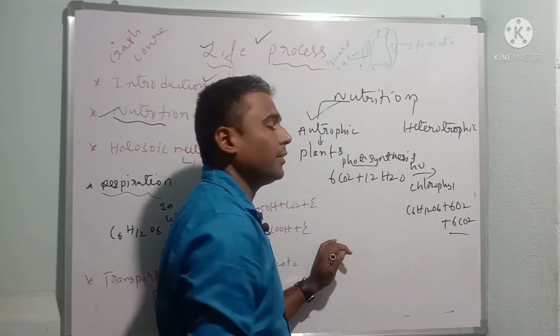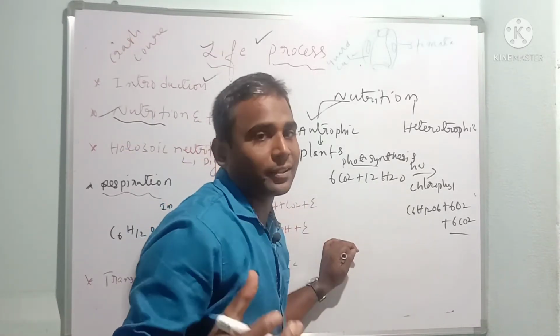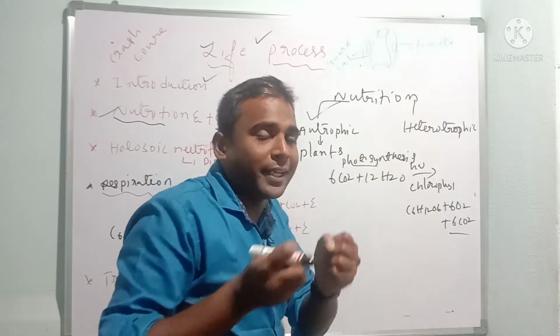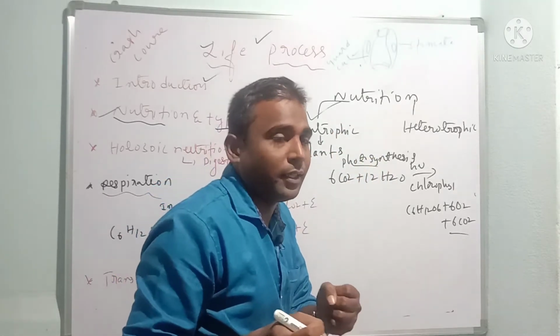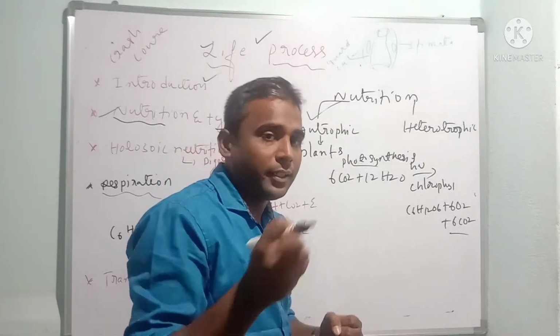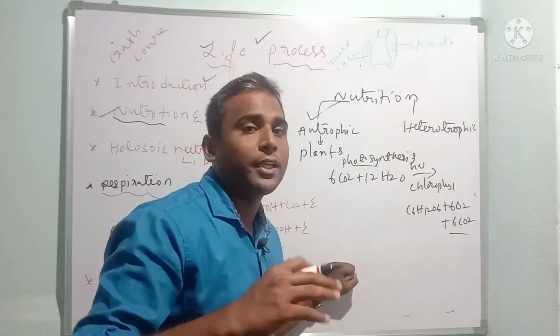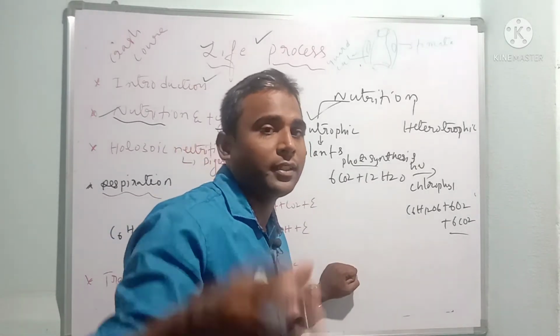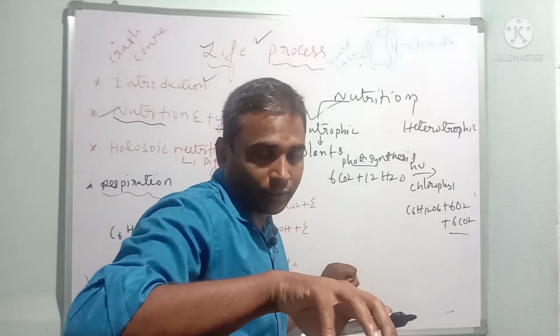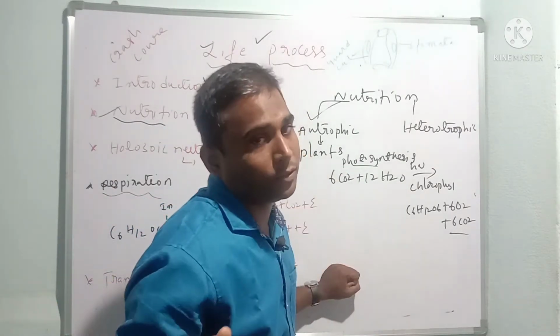Here what happens, children? When sunlight falls on the leaf, the chloroplast is going to absorb energy. This is the first process, absorption of energy. Next, after absorption, light energy is converted into chemical energy, that is complex molecules into simple molecules.